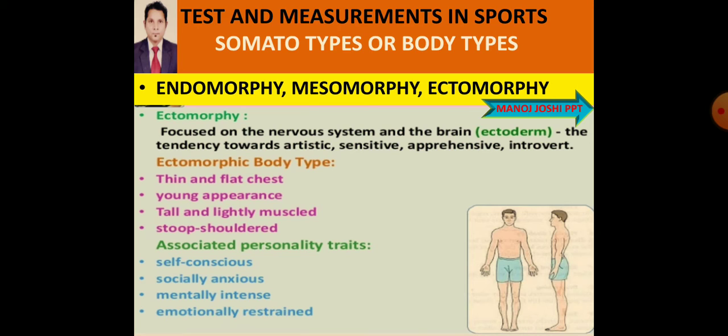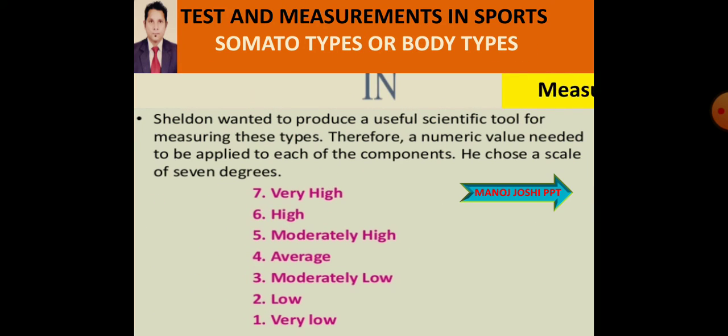So, measuring somatotype: Sheldon wanted to produce a useful scientific tool for measuring these types. Therefore, a numeric value needed to be applied to each of the components. He chose a scale of 7 degrees. That's why we have the rating.